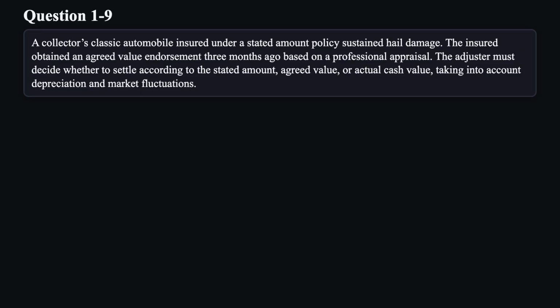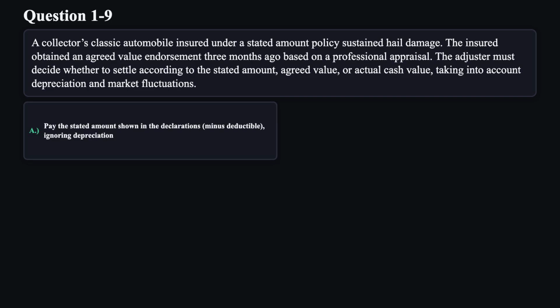Question 9. A collector's classic automobile insured under a stated amount policy sustained hail damage. The insured obtained an agreed value endorsement 3 months ago based on a professional appraisal. The adjuster must decide whether to settle according to the stated amount, agreed value, or actual cash value, taking into account depreciation and market fluctuations.